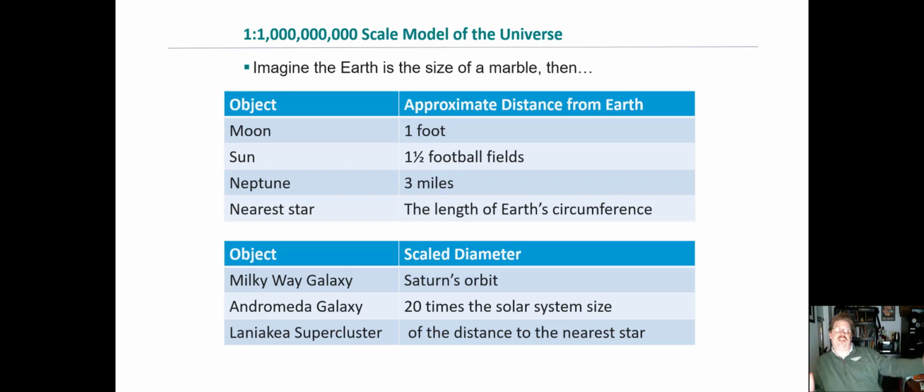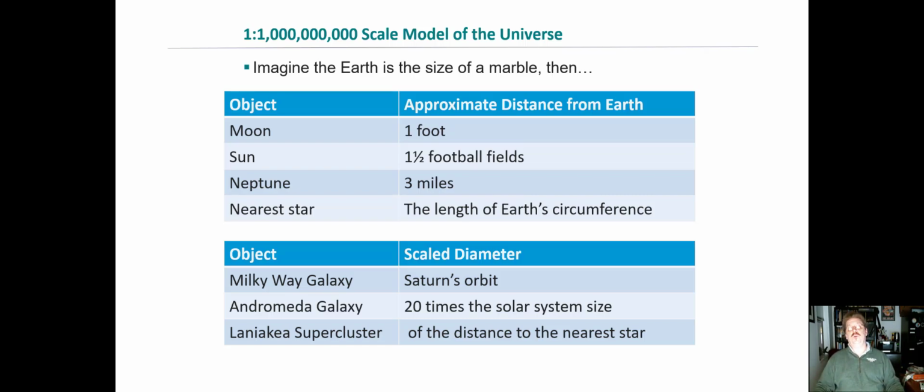You can see on the scale just how close the inner worlds are and just how far away the outer planets get, particularly Uranus and Neptune. They are blocks down the line. But if you wanted to do this in a different way, if you wanted to use a scale model where it's 1 to 1 billion, meaning 1 meter equals 1 billion meters in real life, then the moon would be about a foot away from the Earth.